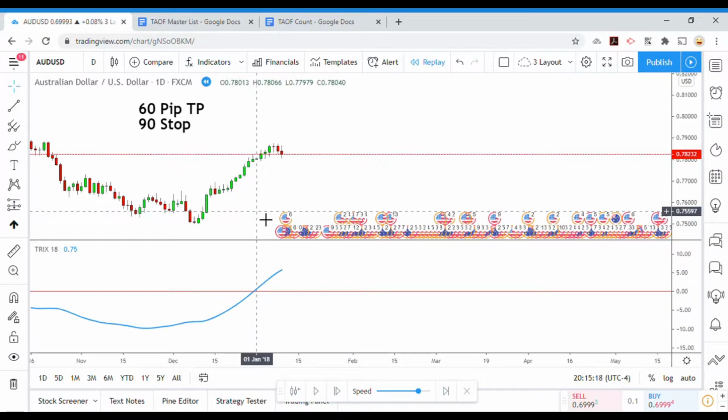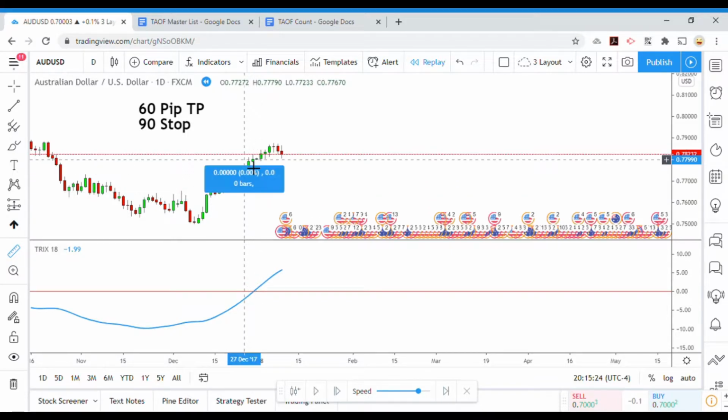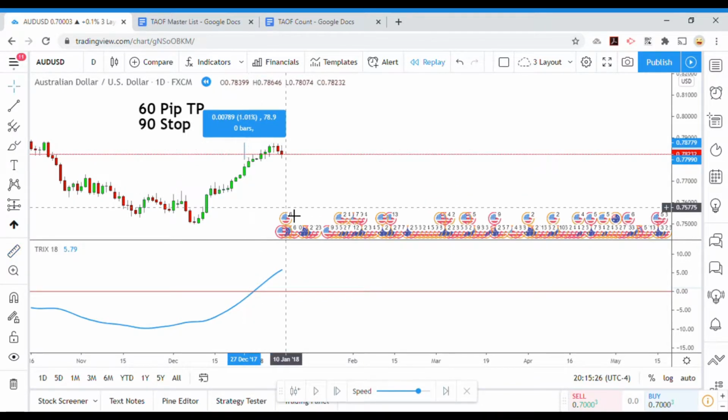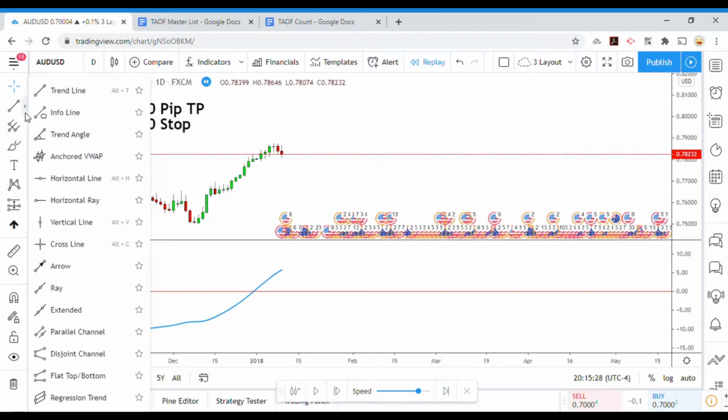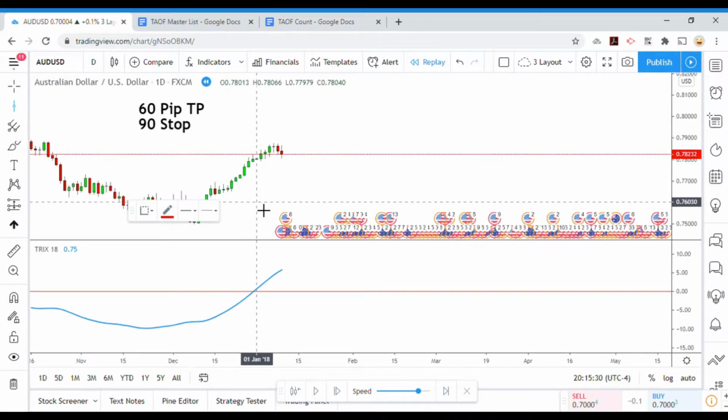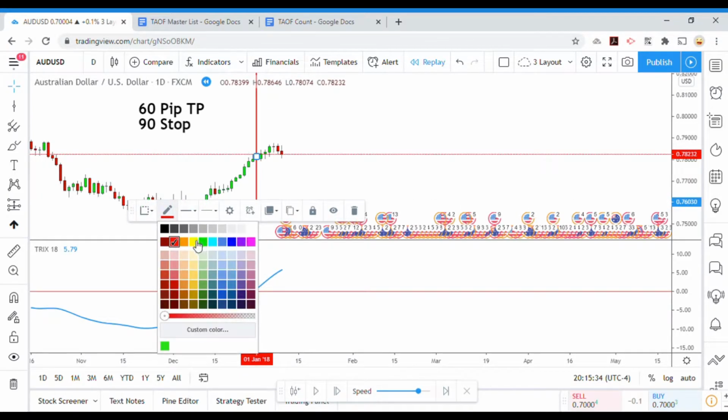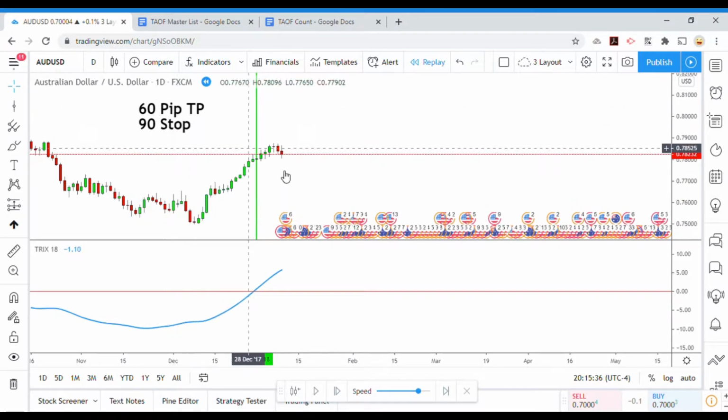Let's see, we got our first signal right here. Of course, as everybody knows, we are on a random pair and a random year. Our take profit and stop loss designated by the ATR is right here.